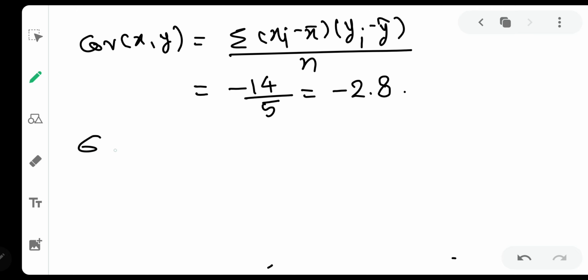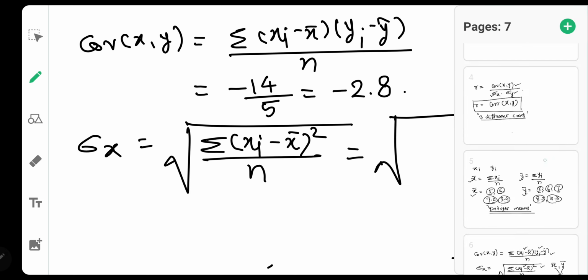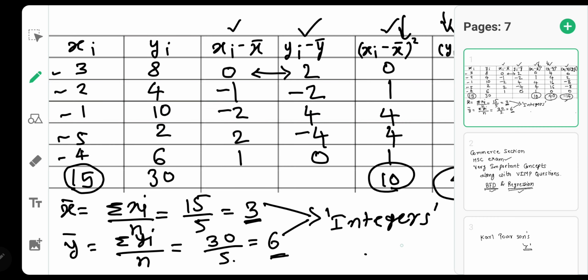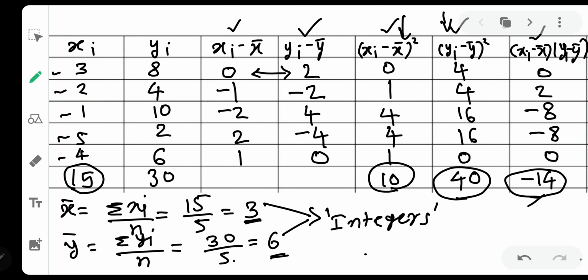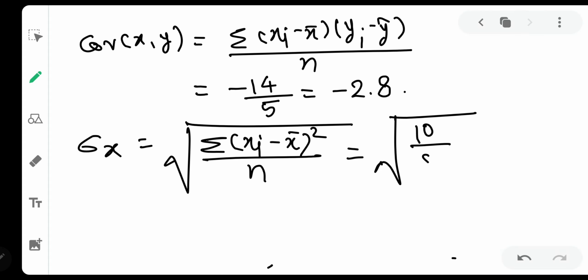Now let us calculate standard deviation of x. It will simply be under root summation xi minus x bar the whole square upon n, which is equal to under root. Let us check what was square summation. Xi minus x bar the whole square is 10 and yi minus y bar the whole square is 40. So it will just be 10 upon 5, which is nothing but root 2.